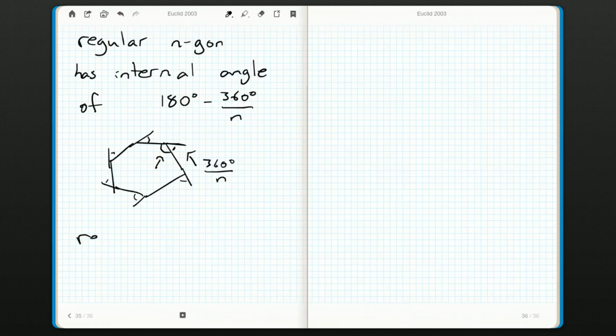A regular hexagon, and this one pops up enough that you probably want to know it off the top of your head, not using the formula, has an internal angle of 120 degrees. 360 divided by 6 is 60. 180 minus 60 is 120. A pentagon is 108, if I recall correctly. And heptagon and higher doesn't really pop up.